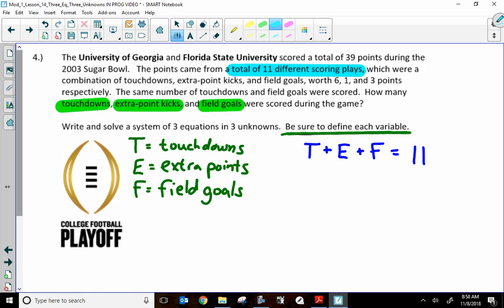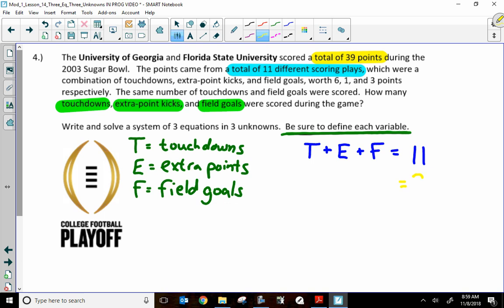Let's go yellow. I hope you guys can see this. Okay. There was a total of 39 points scored. All right. Here's where it's going to get a little, you got to know your stuff.